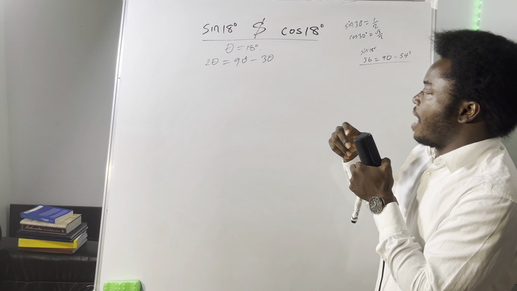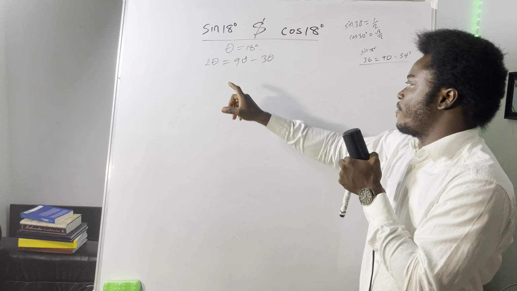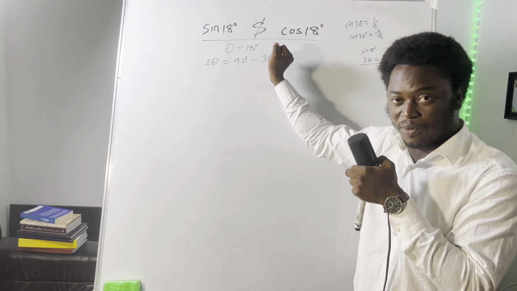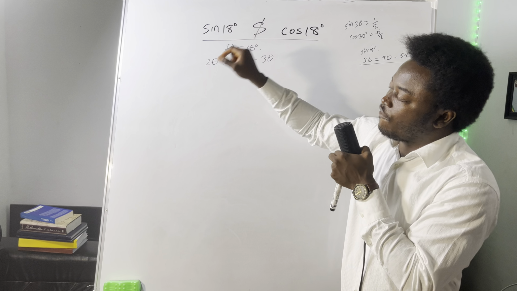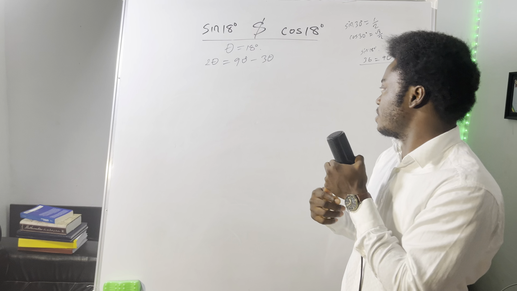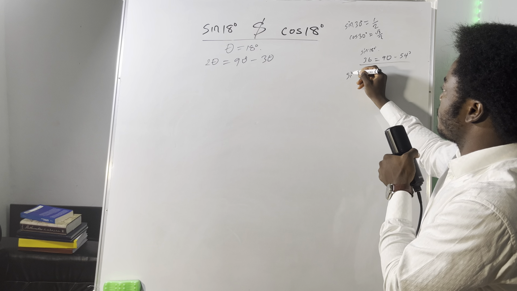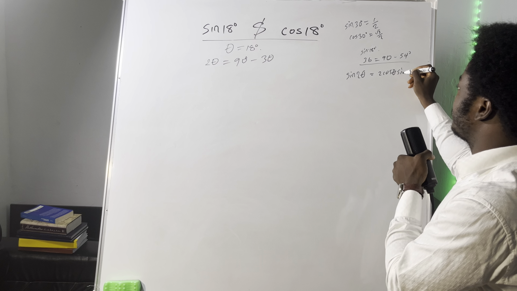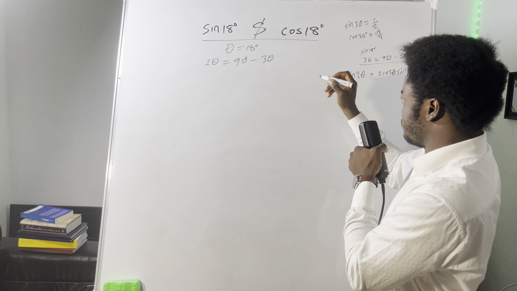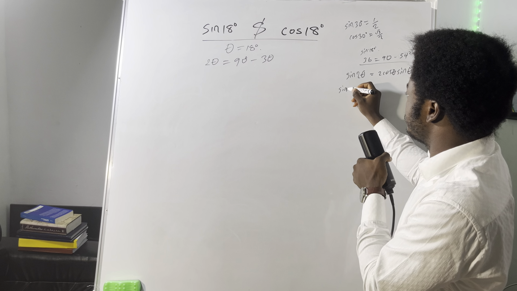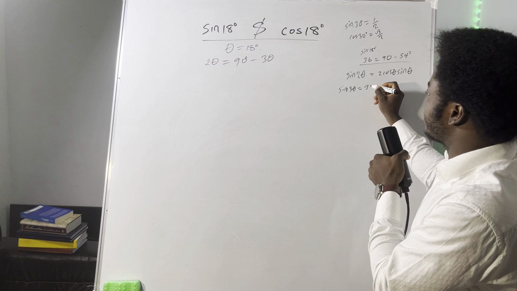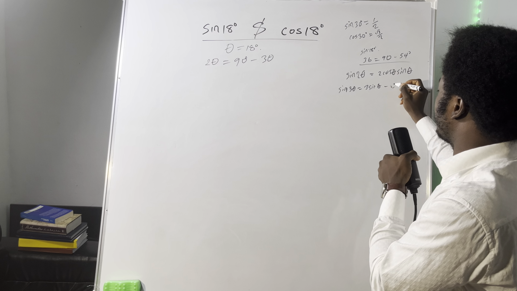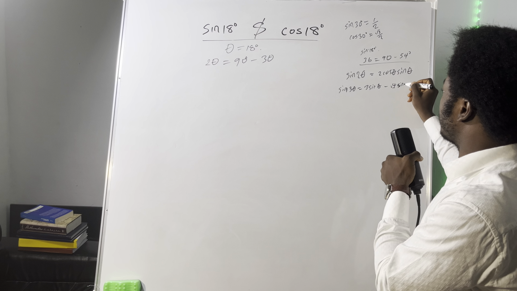Now, why do we bother, how does this help us here? Notice that we already have formulas. We know that sine of 2 theta is twice cosine theta sine theta. Also we know that sine of 3 theta is 3 sine theta minus 4 sine cube theta.